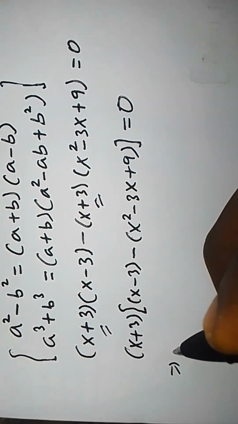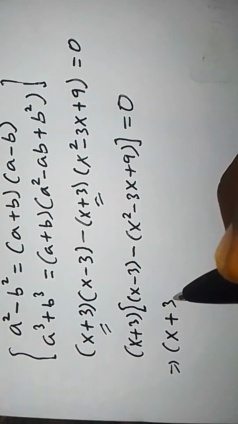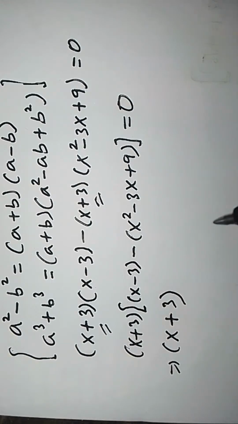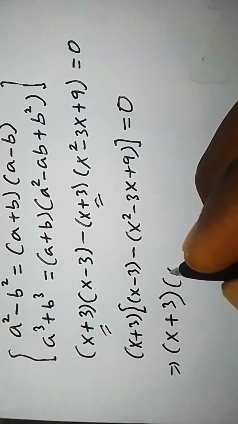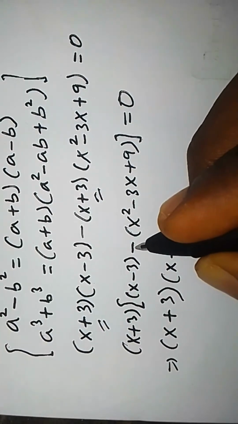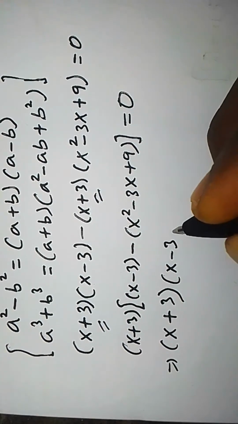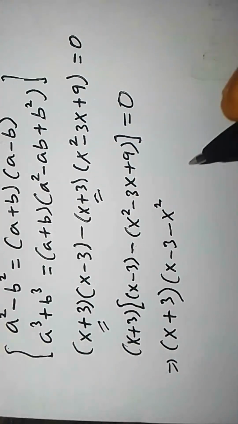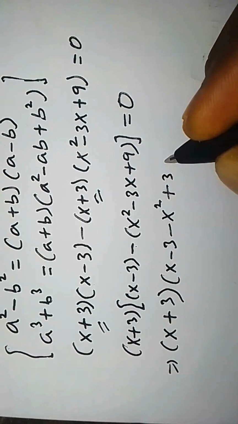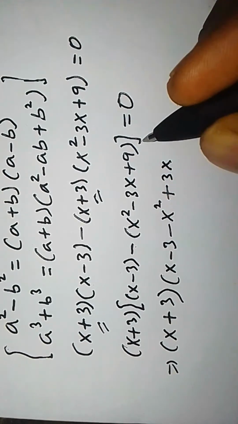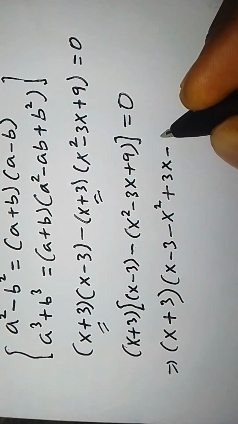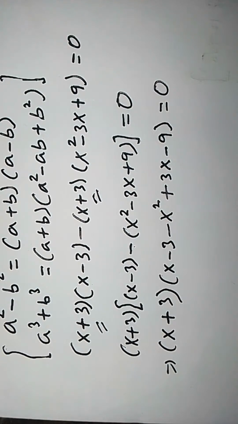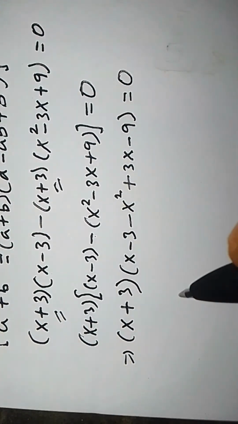This means that x plus 3. Now, let us drop this square bracket. So that will be x minus 3 minus x squared minus minus 3x plus 3x minus times 9, that is negative 9, equal to 0. Let's continue.